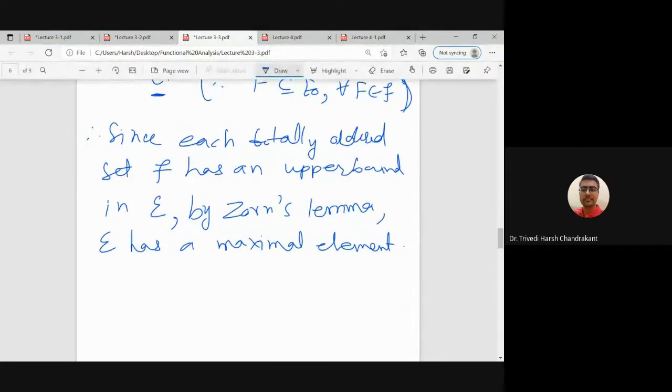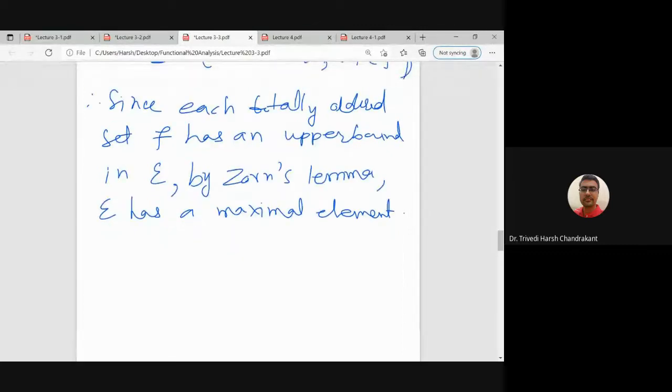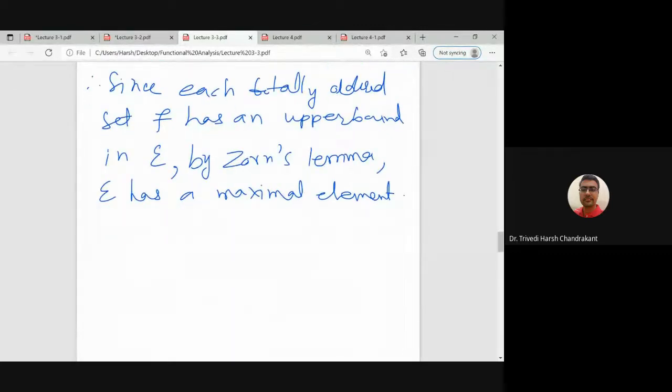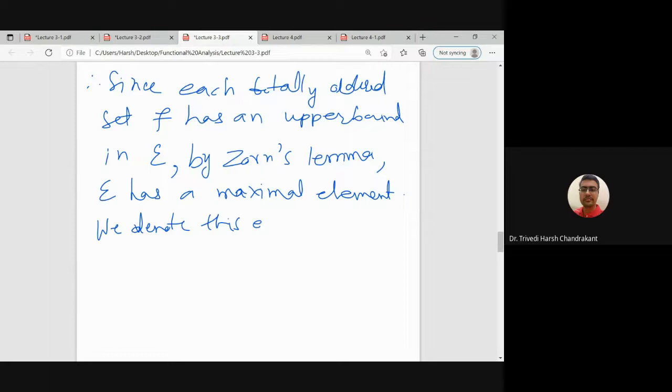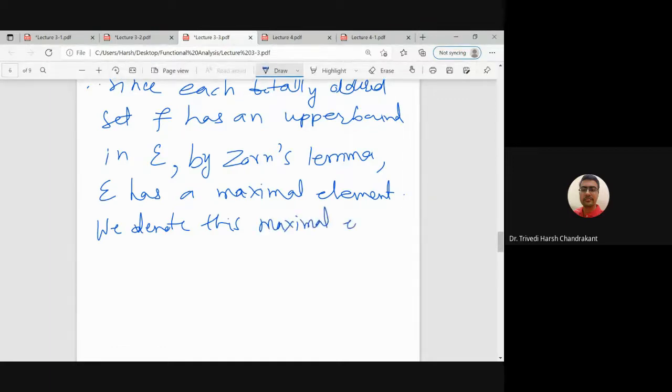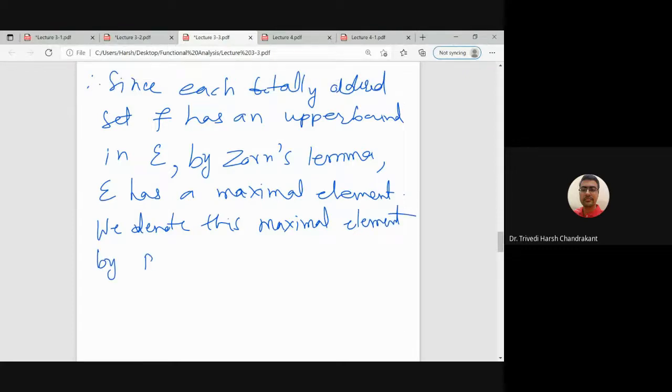So that is what we are getting from Zorn's lemma. So let us call this element, we will denote this maximal element by B. So now we got the maximal element.